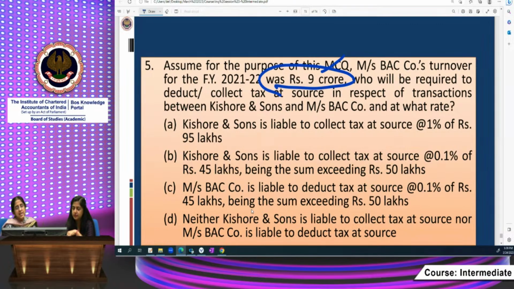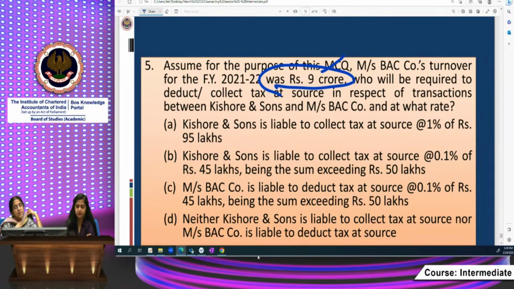You've understood the transaction. It's coal, an item listed in 206C1, but the buyer has given a declaration. So 206C1A was attracted, so no TCS under 206C1. Then we examined 194Q. The buyer's turnover was more than 10 crore and the total transaction value was more than 95 lakhs, so the buyer was required to deduct tax at source.